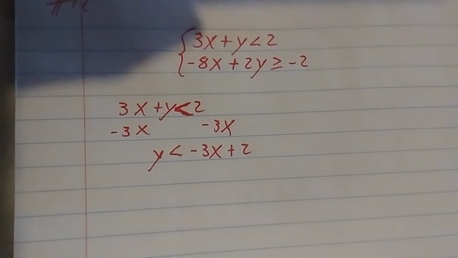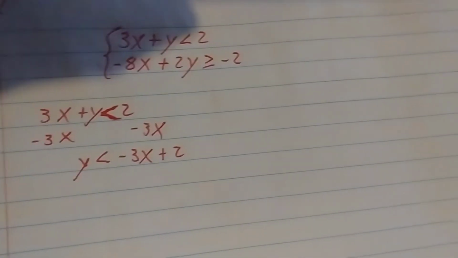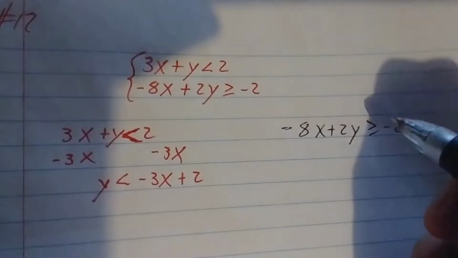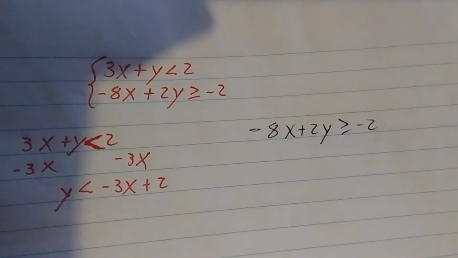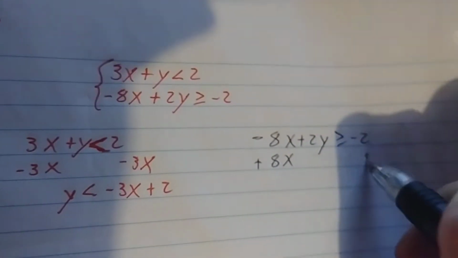And the second one, let me do it with black. It's going to be negative 8x plus 2y is greater than or equal to negative 2. So let's try to leave y by itself. Let me add 8x to both sides.